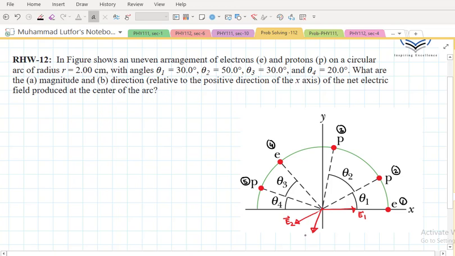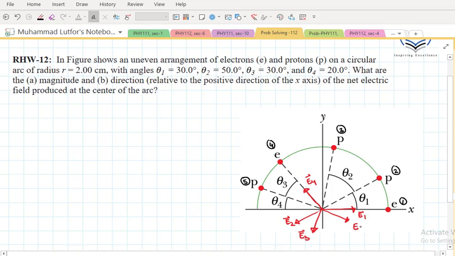Although my drawing is not exact, you can consider it. This would be E3, and E4 is from a particle that is again negative, so its electric field would be towards itself. This would be E4, and E5 is again positive, so its electric field would be towards that direction.